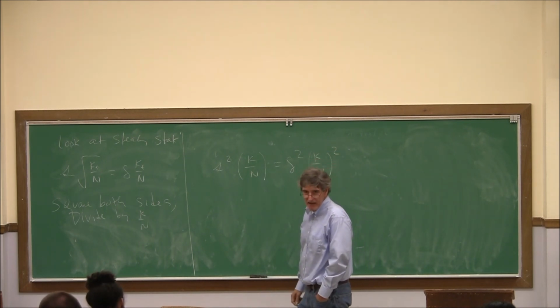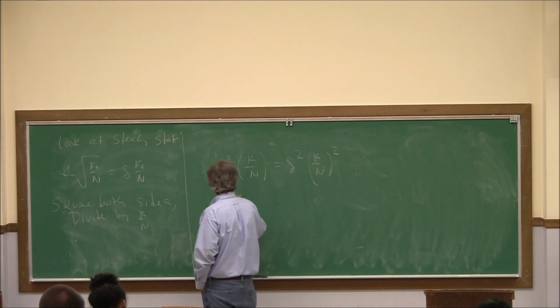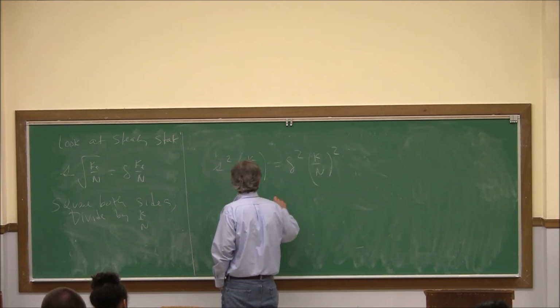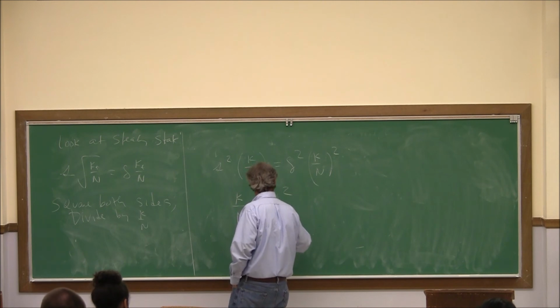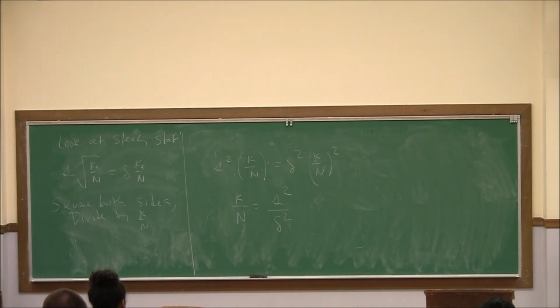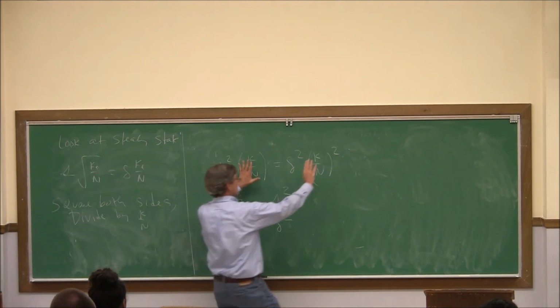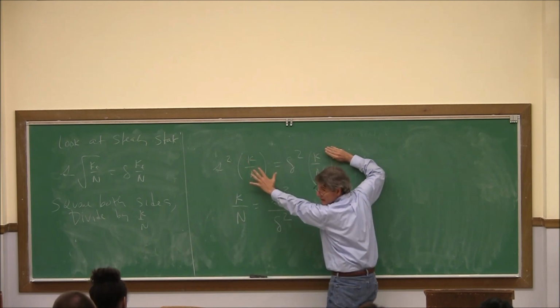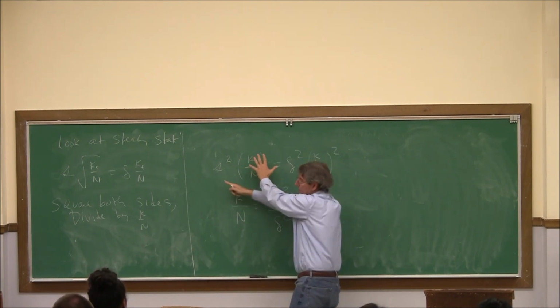Divide by k over n and solve for it. This tells you that k over n equals s squared over delta squared. I skipped a step there, but just divide by k over n. That gets rid of this square. And then just move that into there.